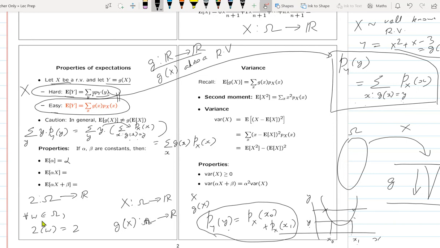If you do alpha times x, alpha I can take out of the summation. Is that clear? So expectation is linear. You can multiply and add things, and the expectation will just go into it.